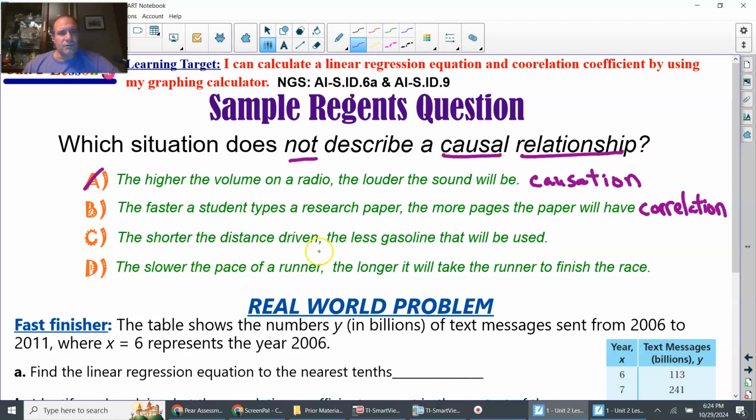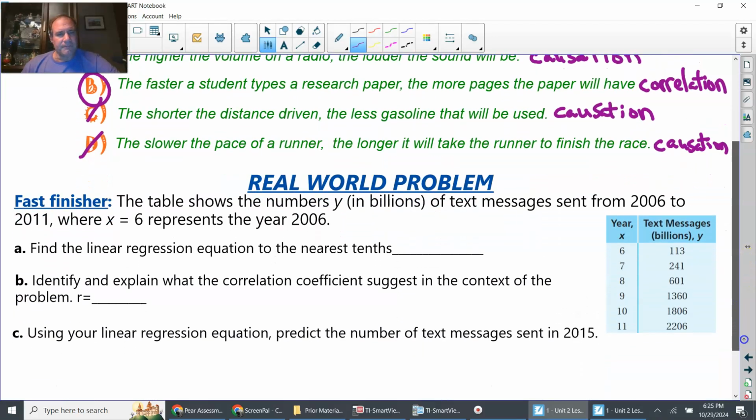So C, the shorter the distance driven, the less gasoline. That is a causation. That's out. The slower the pace of the runner, the longer it takes the runner to finish the race. Yep. Causation. One directly affects the other, and there you have it. B is your answer. That is the only one that is a correlation out of the four.